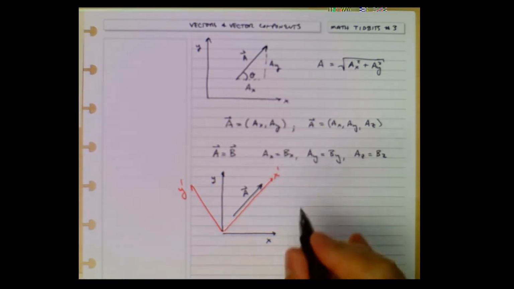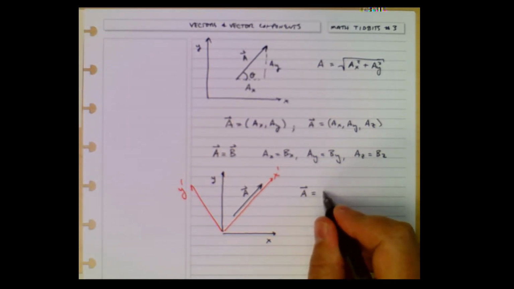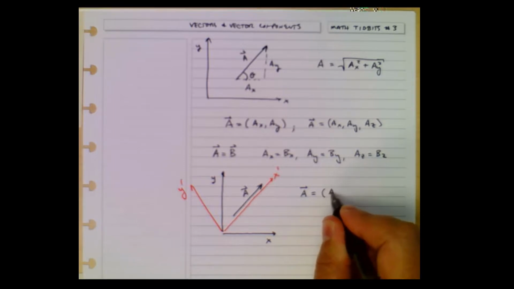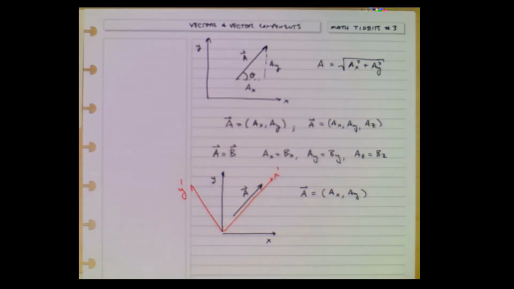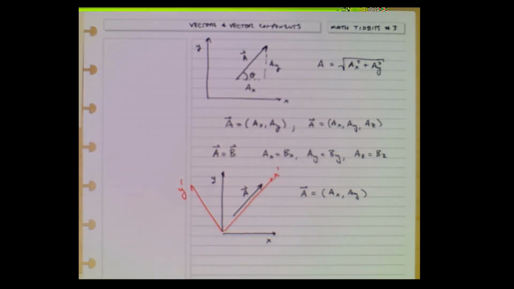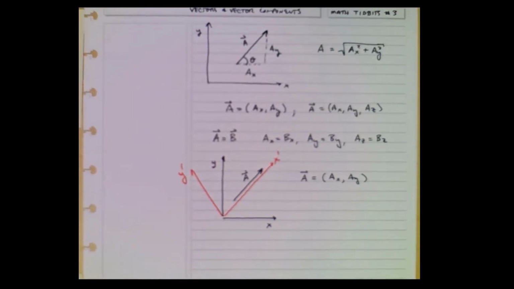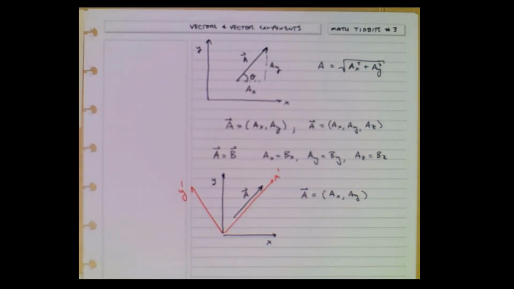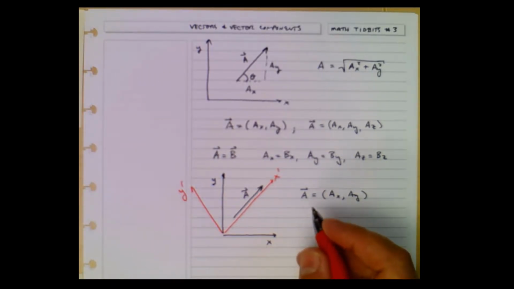You should, as you look at this, recognize that vector A will be written as ax comma ay in the first system. I want to call it the unrotated system, because honestly, how do you know which one is the rotated coordinate system? You really don't, in fact. You can't call one the rotated coordinate system and the other the non-rotated coordinate system because they're rotated with respect to one another.